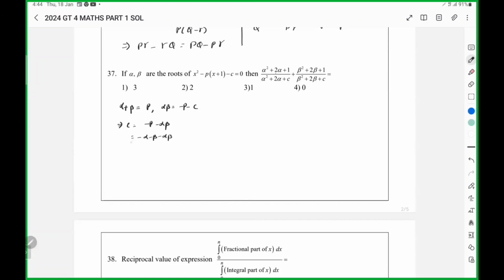So the given expression alpha square plus 2 alpha plus C minus alpha minus beta minus alpha beta, which is alpha plus 1 whole square over alpha minus beta, into 1 plus alpha plus 1, if I take common alpha minus beta.